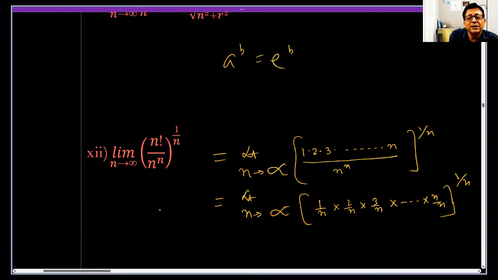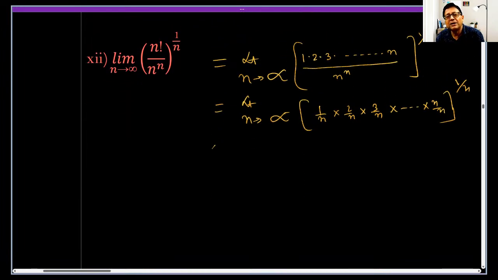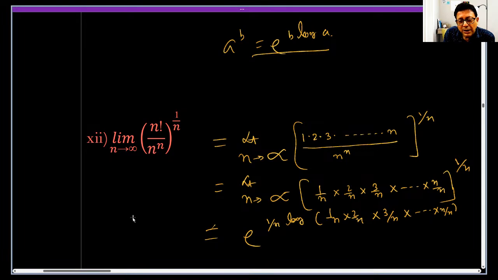Then you will be using this form: a to the power b together with the log thing. So this will be what? Yeah, e to the power b log a. So you write e to the power 1 by n log of... and limit is... isn't it?